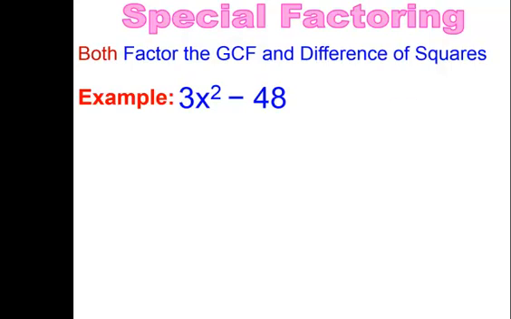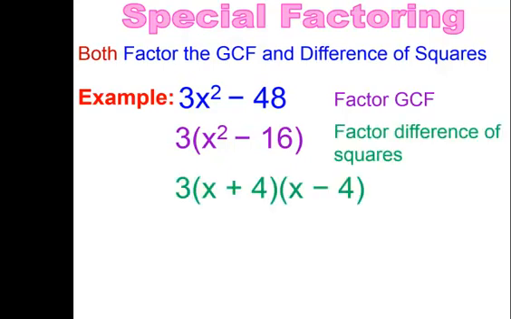So I'm going to first factor out the GCF of 3. Once you factor out the GCF, the binomial that's left is the difference of two squares. Now you can factor further by factoring the difference of two squares. You're going to end up with 3 times the x plus 4 times the x minus 4.